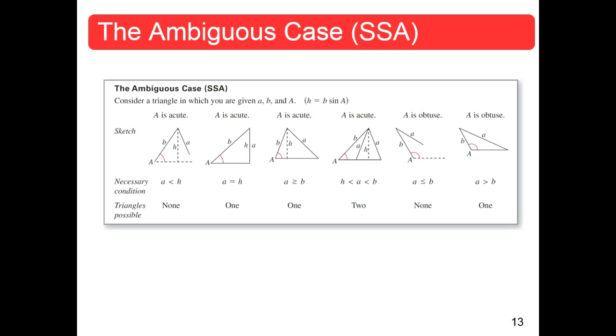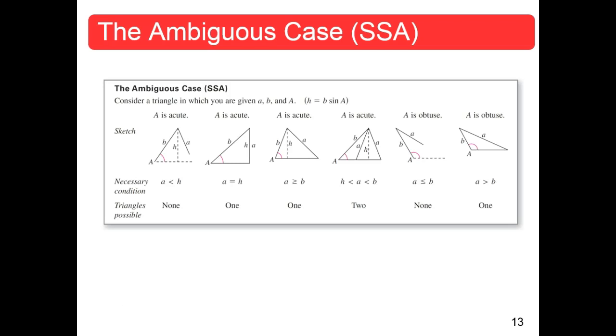If you know side A, side B, and angle A, okay? You have a ratio of a side to an angle, but guess what? If that side isn't long enough, you're not going to have a solution, okay? Well, what would it mean for that side not to be long enough?